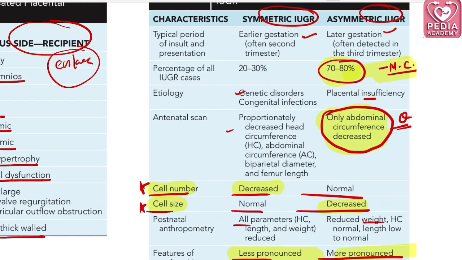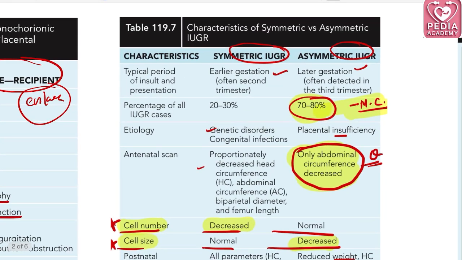Okay, another thing we'll discuss is symmetric and asymmetric IUGR differentiation. Symmetric IUGR presents with earlier gestation, often second trimester, ultra important. Asymmetric IUGR starts with later gestation in the third trimester. 70 to 80% of all IUGR cases are asymmetric IUGR, so asymmetric IUGR is the most common.